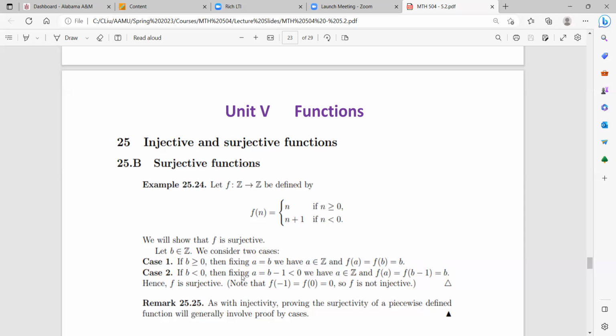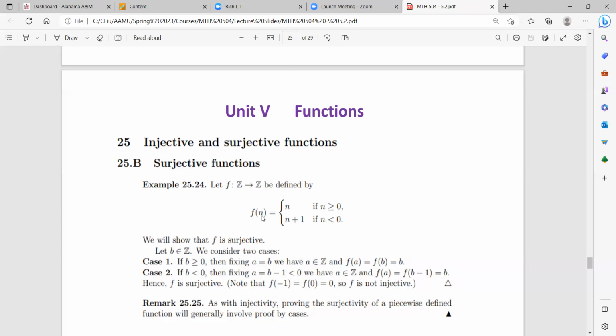If we combine both cases, it essentially says that for any number in the codomain, you can always find the pre-image in the domain. So this function is surjective, but it is not injective. And the problem is at 0 and -1.